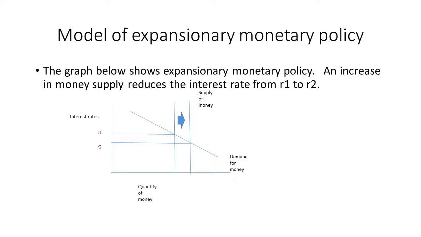What happens then is the interest rate is going to fall from R1 to R2 as the supply of money increases, or the supply of reserves. We're using these pretty interchangeably. So we see it declining. That would cause more investment, and it would cause the economy to expand.